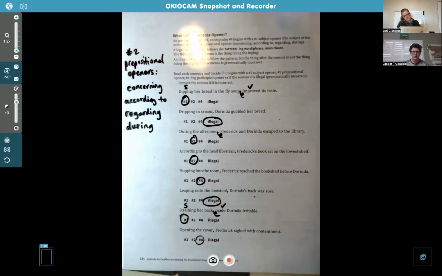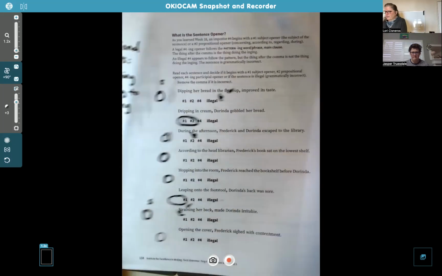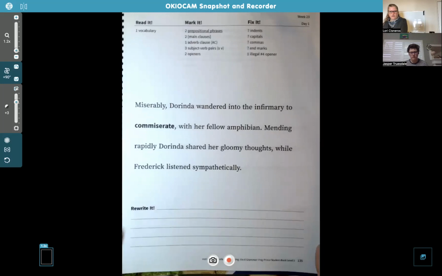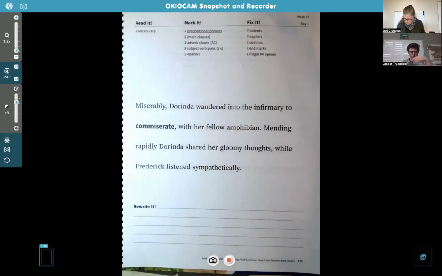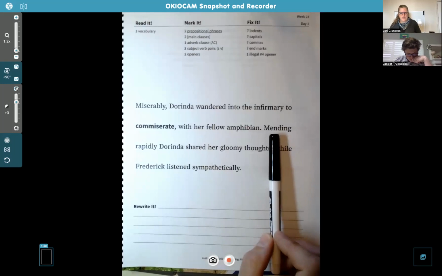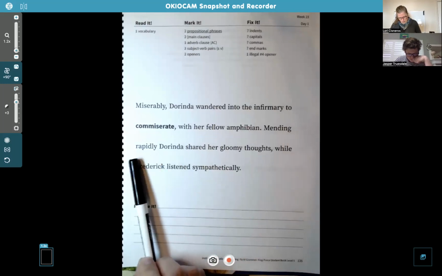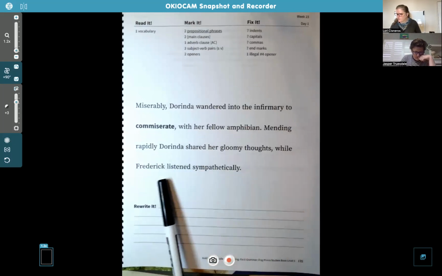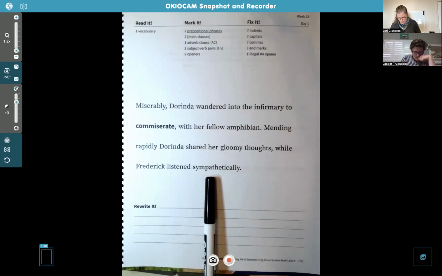Okay, so just taking a peek at the first page right here. We're not going to do the whole thing, obviously, but this is 135. Looking at this part of the sentence where it starts with mending rapidly, Dorinda shared her gloomy thoughts while Frederick listened sympathetically.